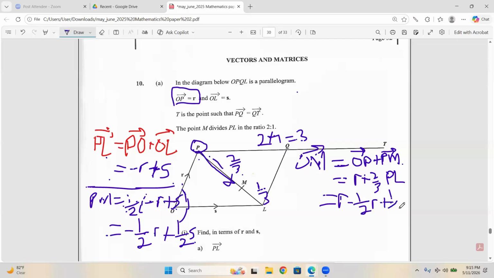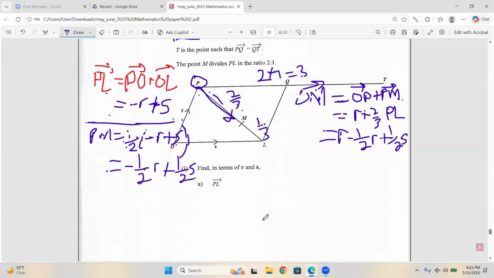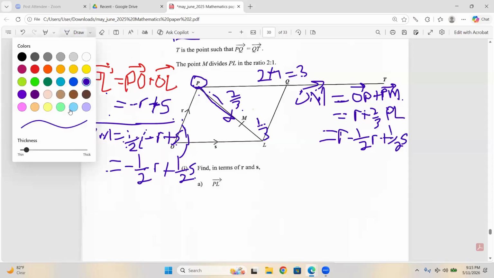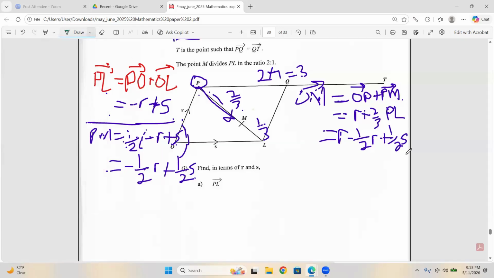Now the only reason why we leave our answer like this is because they said they want the answer in terms of R and S. But they didn't say to simplify either. We could leave it like that, or if you want to take it a step further, you can simplify the R's using algebra.